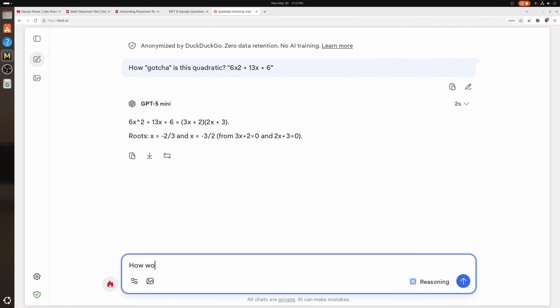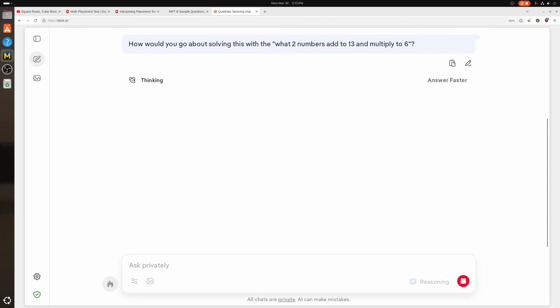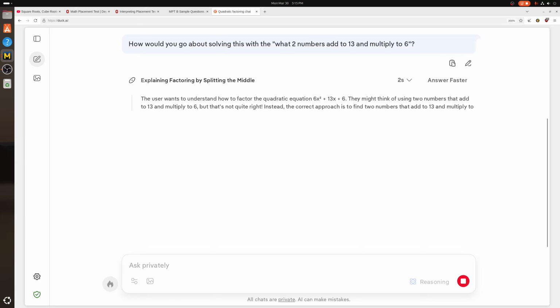How would you go about solving this with the what two numbers add to 13 and multiply to 6? Or did I get them backwards? No way I got them backwards. There's no way, because it's the 13, it's 2 and 3. No, I didn't. I'm just dumb.